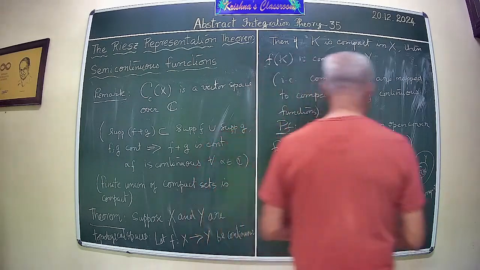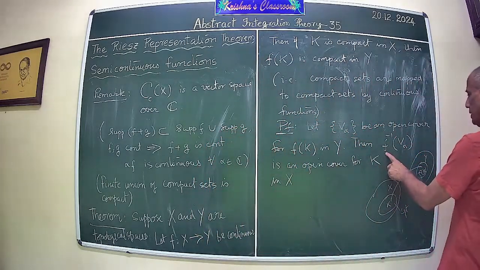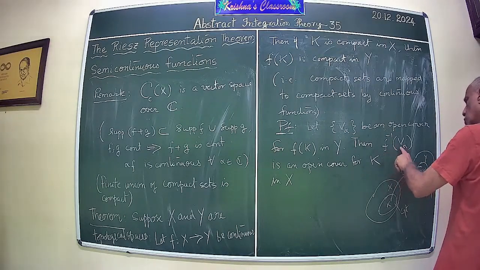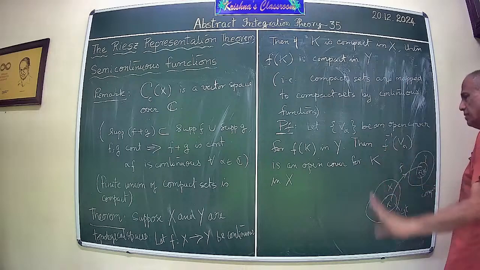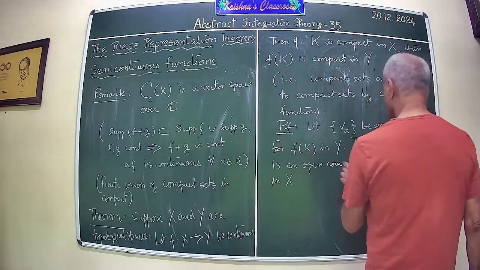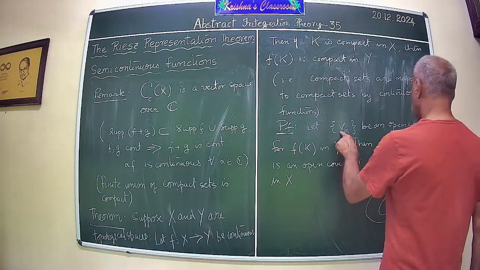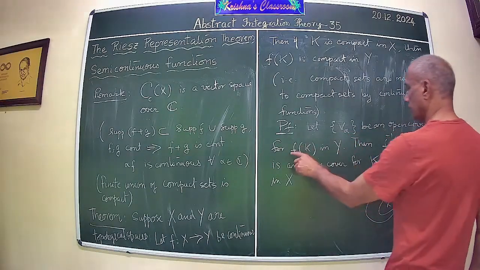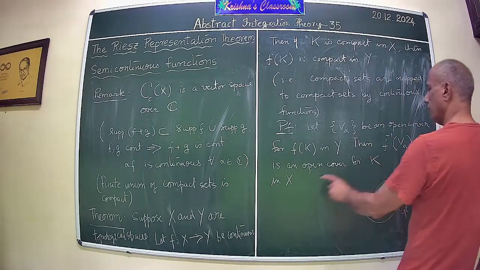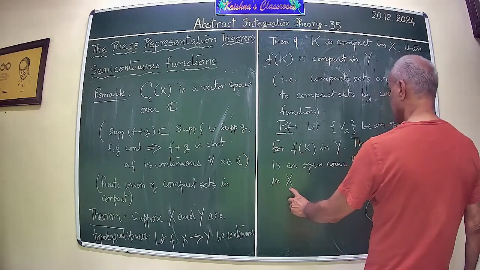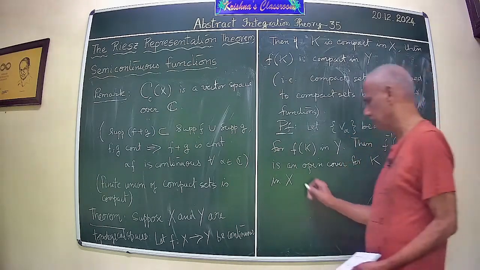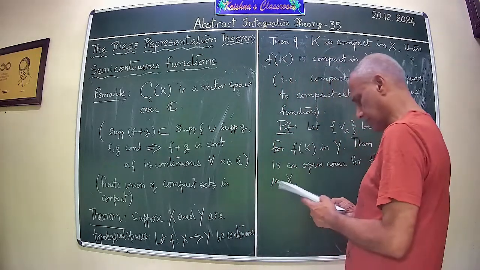Here there are two facts given. One, f is continuous, therefore the inverse image of any open set is open. Therefore, f inverse of B alpha is open for every alpha. Secondly, since B alpha is an open cover for f(K), you see that f inverse of B alpha is an open cover for K in X. That is quite easy. Okay, so that's a straightforward result.